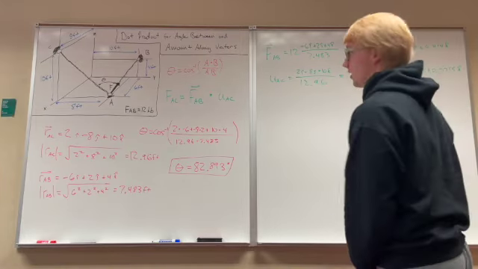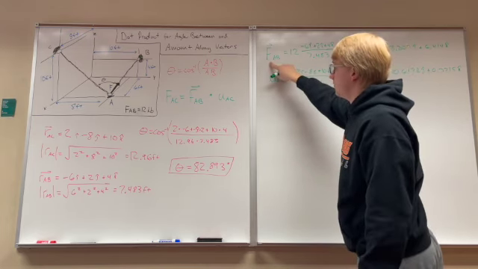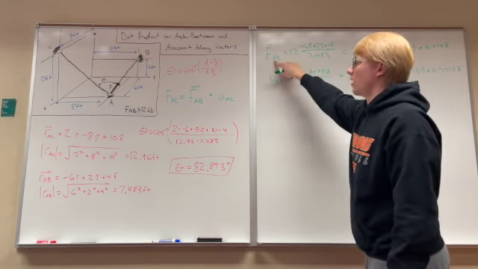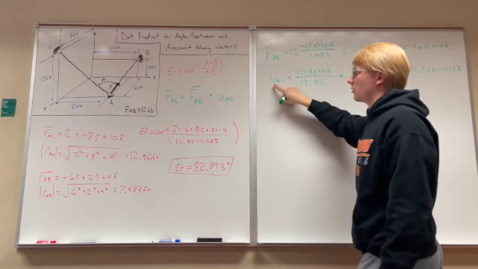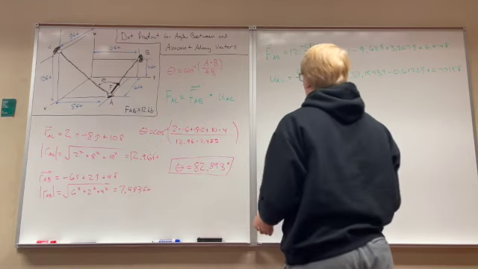And so now you have the vector notation for the force from AD and the unit vector of AC. And you're going to take the dot product to find what we need.